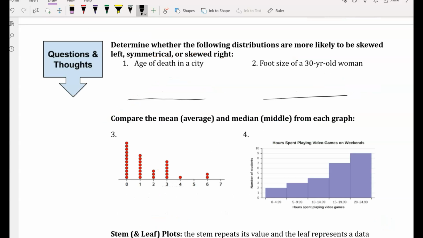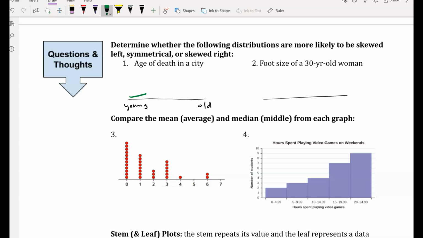On the next page, let's look at some scenarios given to us in different representations and determine whether the distributions are more likely to be skewed to the left, to the right, or if they're symmetrical. So if we think about the age of death in a city, most people die when they're older. So if we have young people on this end and we have old people over here, then our data, we don't know exactly what it is, but we know is going to mostly fall in the old part.